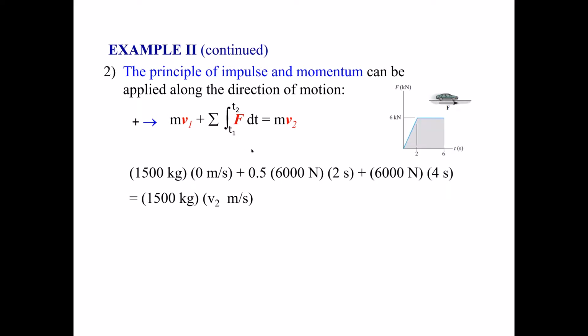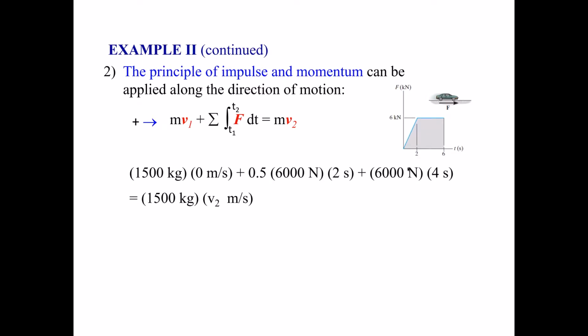So here's the area under the curve, and here's our original one, right? The 1,500 kilograms. This is our initial momentum, which is 0, because there's no velocity. And then, of course, this is just 6 kilonewtons times 2 times 0.5, because it's just going to be half the area under this curve.